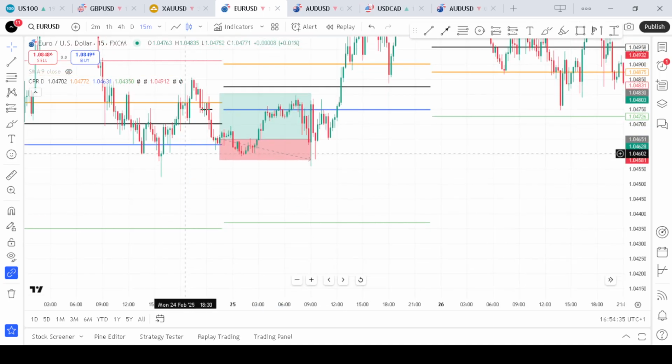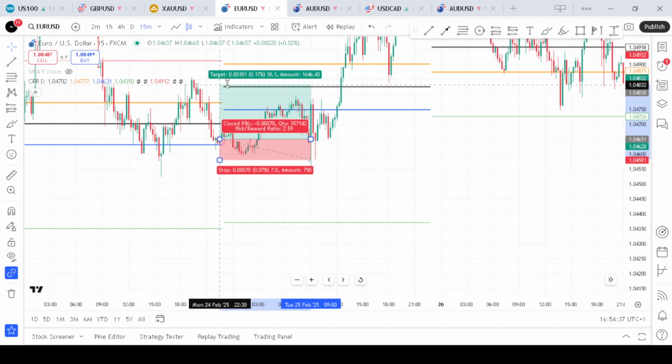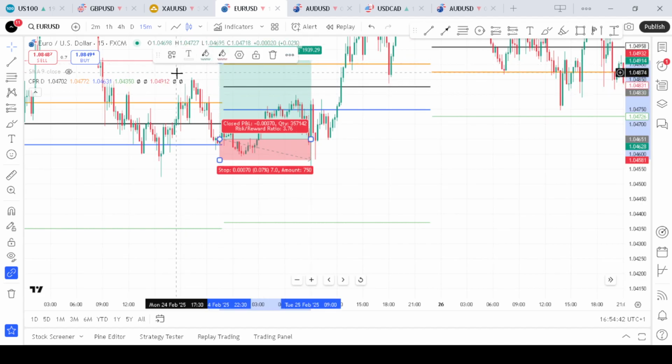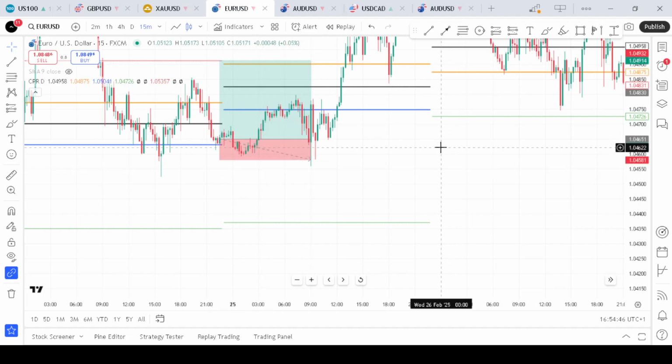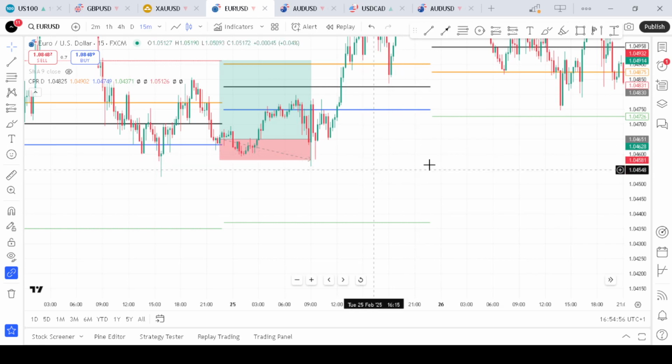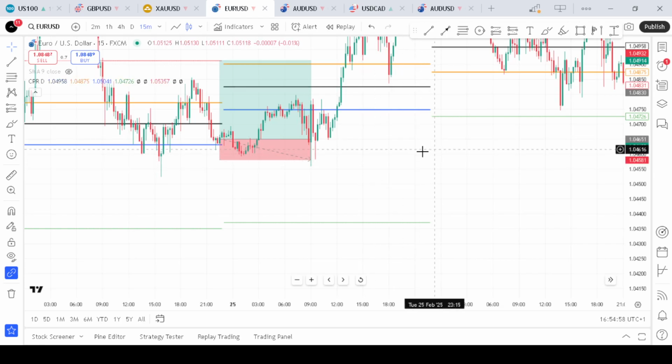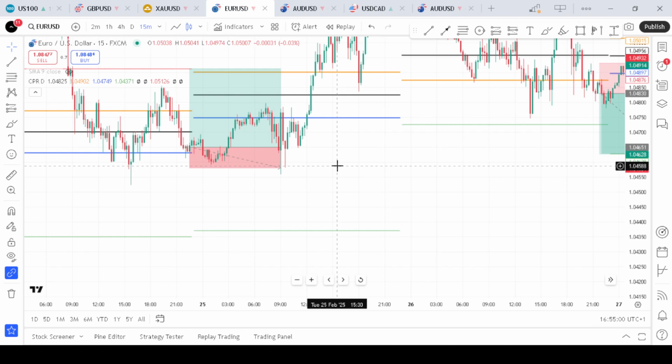Then you target the resistance point as your take profit area. This is basically how to implement the intraday trading strategy using the central pivot range, in your everyday trading.